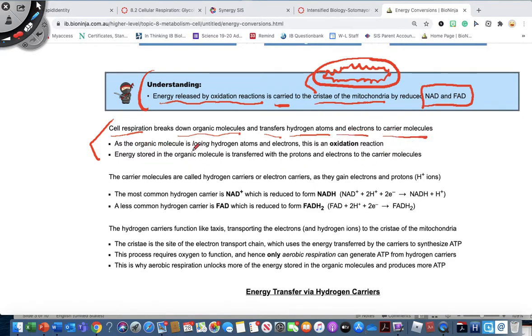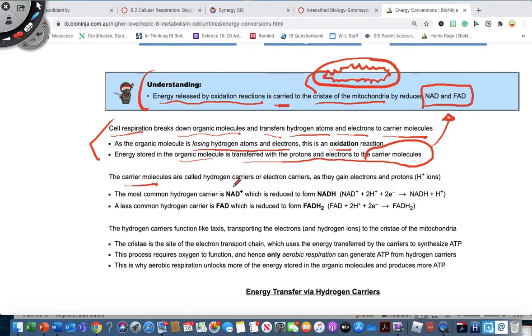As the organic molecule is losing hydrogen atoms and electrons, we say that this is an oxidation reaction, OIL. And energy stored in the organic molecule is transferred with the protons and electrons to the carrier molecules. And these are the carrier molecules that we are going to explore just now.